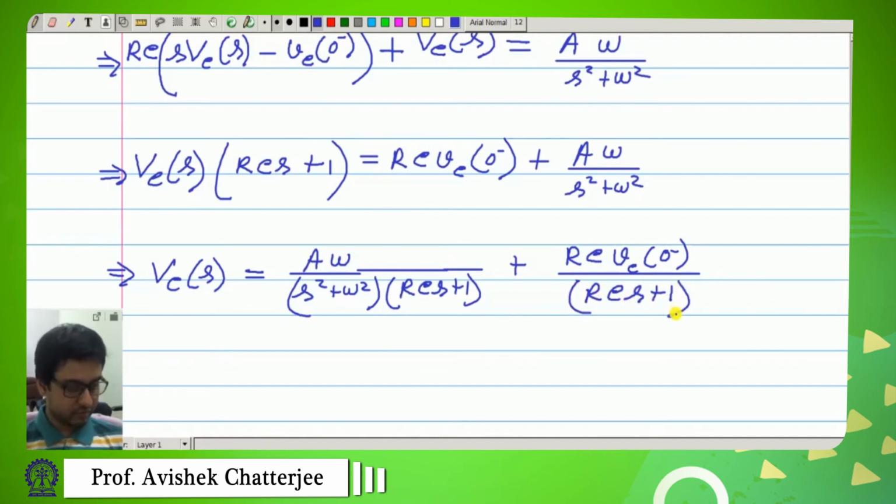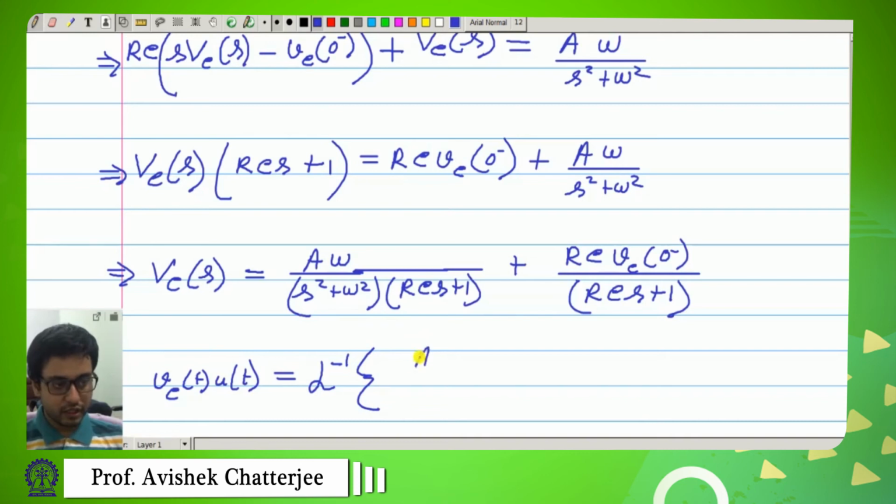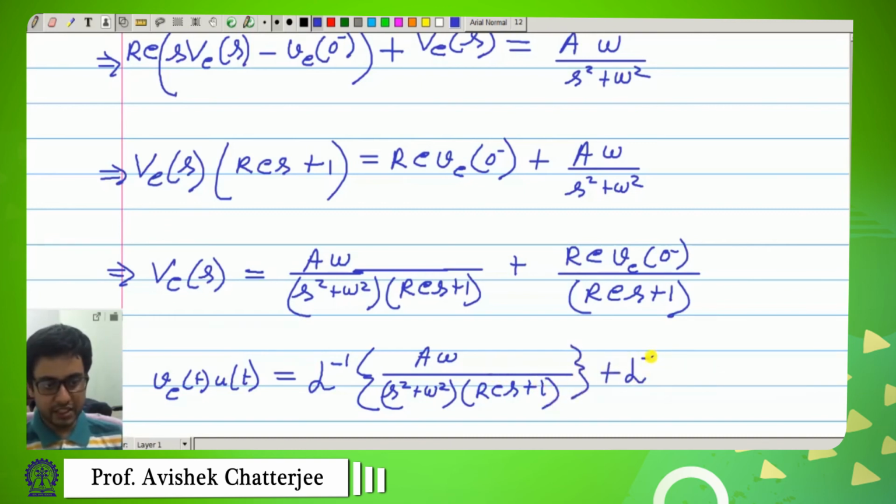Now to get the Laplace inverse of this, that is vC(t)u(t), we have to take the Laplace inverse of the right side: the Laplace inverse of A omega divided by (s squared plus omega squared) times (RCs plus 1), and then the Laplace inverse of this other thing.